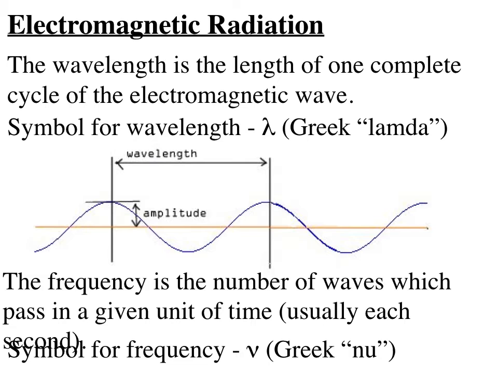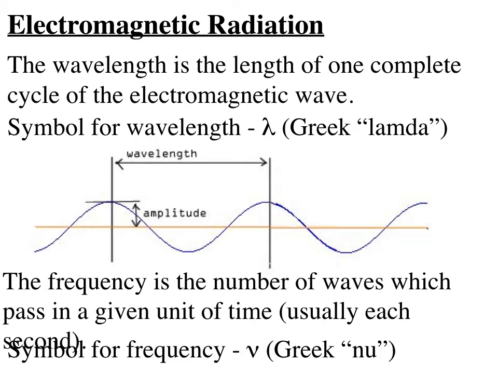Remember, this light beam is moving through space. So if we stand at a fixed point, there will be a certain number of these waves that will pass us each second. If we count the number of waves that go by per second, that will be the frequency of the light. So you can characterize the light by measuring either its wavelength or its frequency.